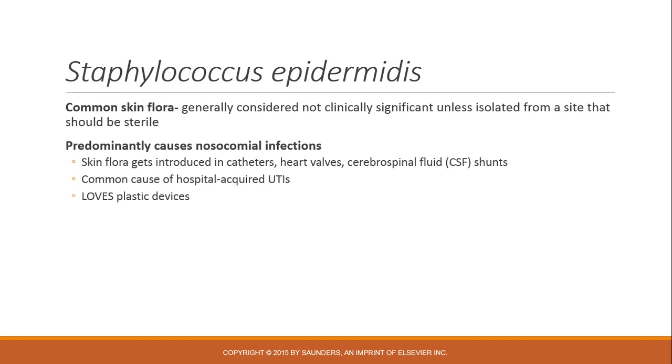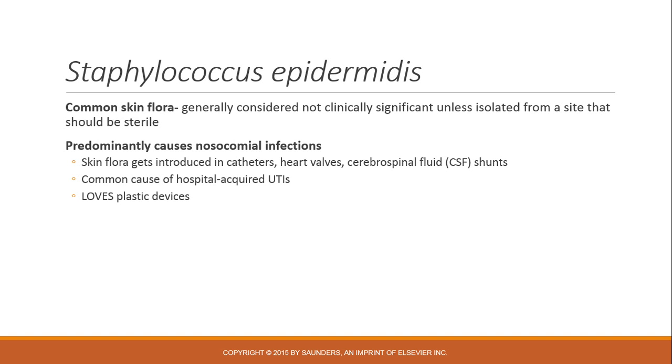So when it does cause disease, it causes nosocomial infections, which are hospital-acquired infections. So it's usually because of some kind of a medical procedure that a patient undergoes, like maybe a urinary catheter for a surgical procedure. Maybe they had a cardiac catheter put in.